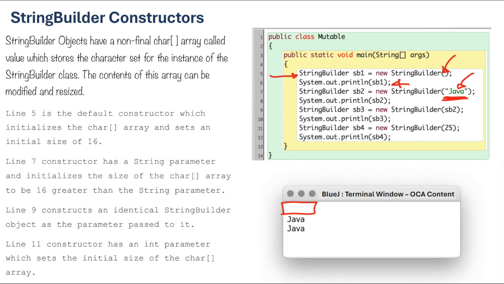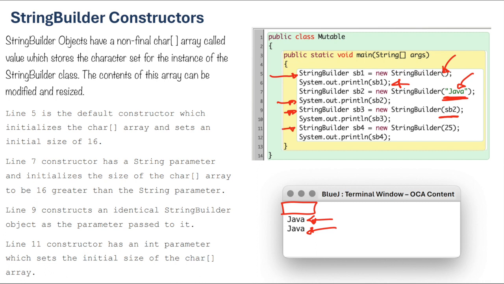And we see that when we print it here on line 8, we get a printout of just Java. And then on line 9, we create another StringBuilder object, SB3, but we instantiate it with a previously declared StringBuilder object, SB2. And you see that when we print it, we get Java again.